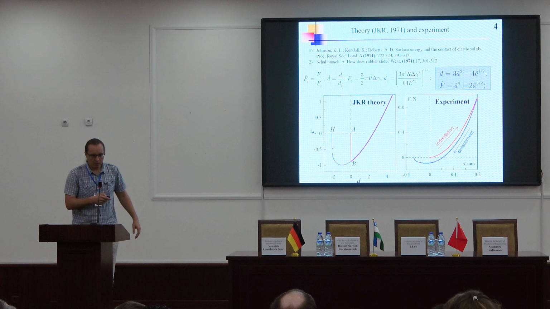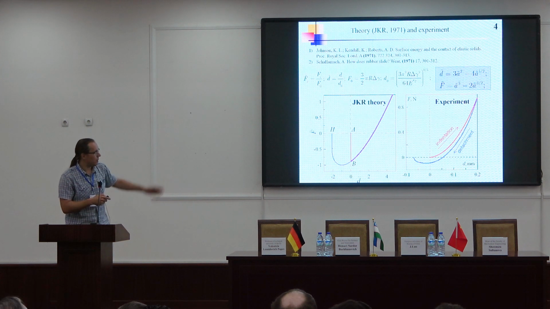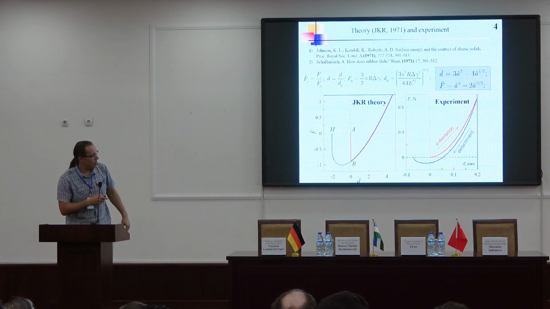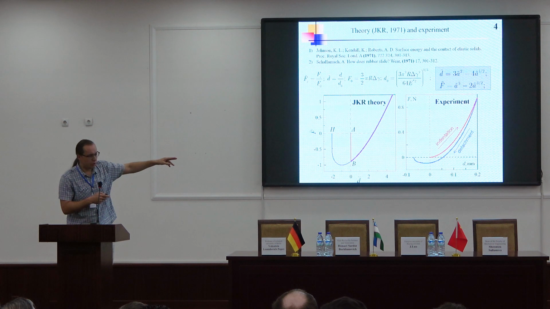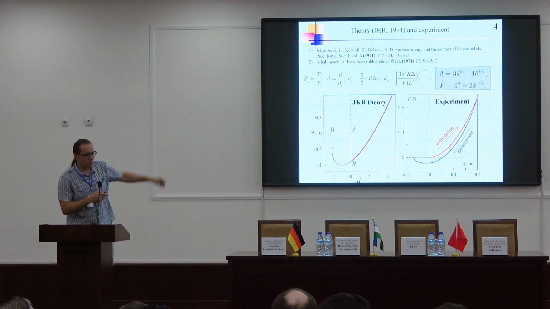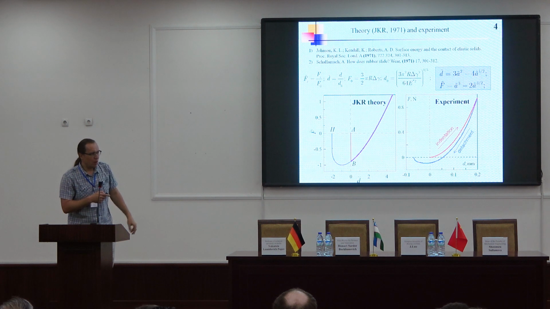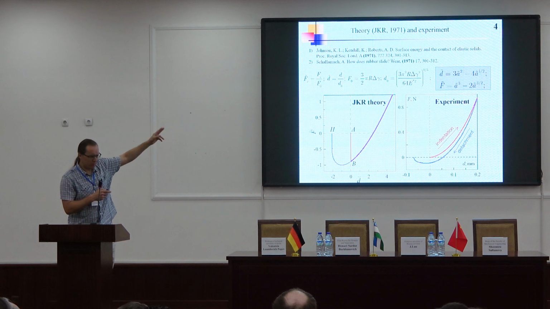And here is the difference between the classical JKR theory and the experiment. In the experiment, you also have different adhesive curves at indentation and detachment. In JKR theory, after propagation of the contact from point A to point B with negative normal force and with further indentation, we will always have one curve if we change the direction of motion of the indenter.